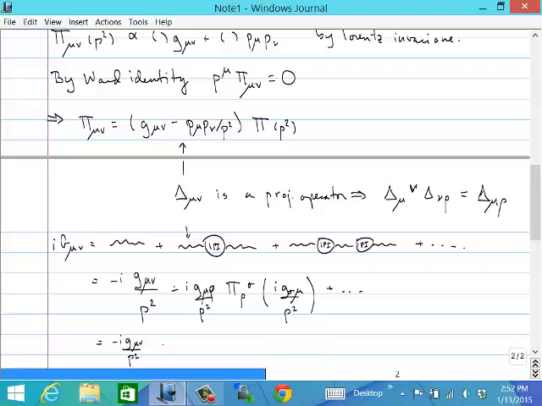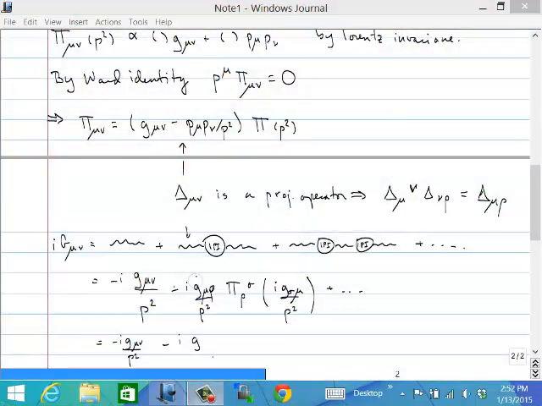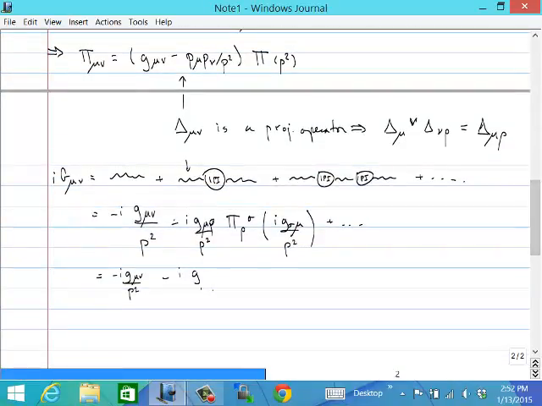And then the second term will be minus I g mu rho delta rho nu over p squared times pi.